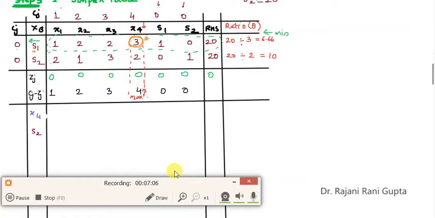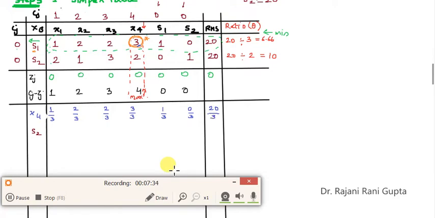By the formula, it is the numbers in the old row, that is 1, 2, 2, 3, 1, 0, 20, divided by the pivot number, which is 3 here. Divide by 3, divide by 3, divide by 3, divide by 3, 3 and 3.